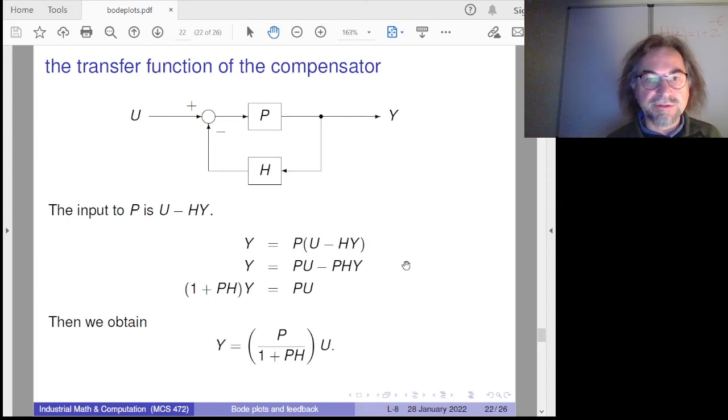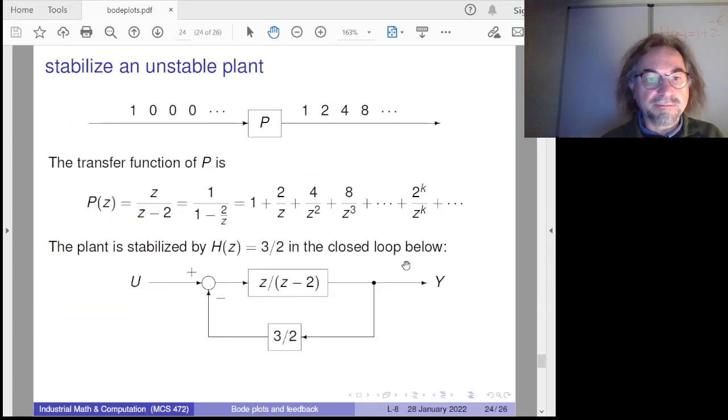The closed loop system corrects the original output, and we have a transfer function of this closed loop system that is defined by the transfer function of the original process, the P, and the transfer function of the compensator. So we have this expression that is the fraction. Okay, so let's look at the numerical example.